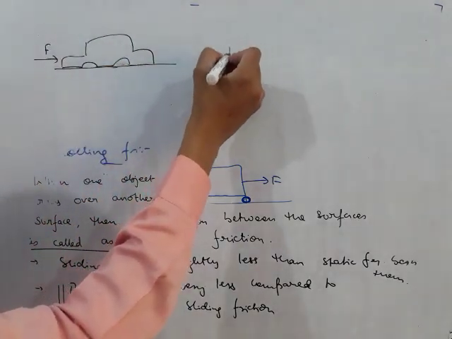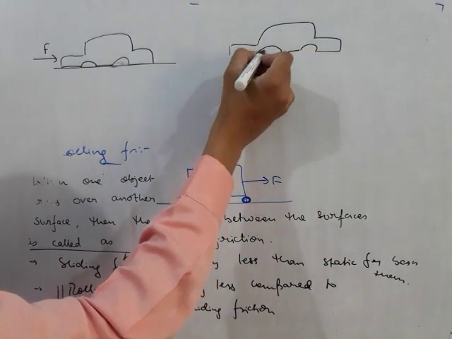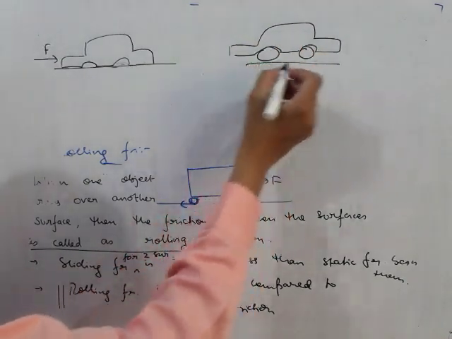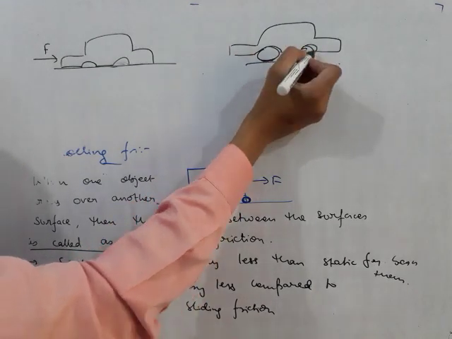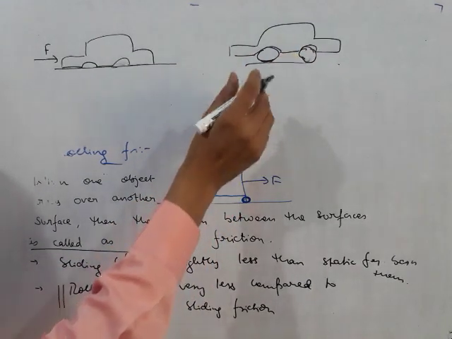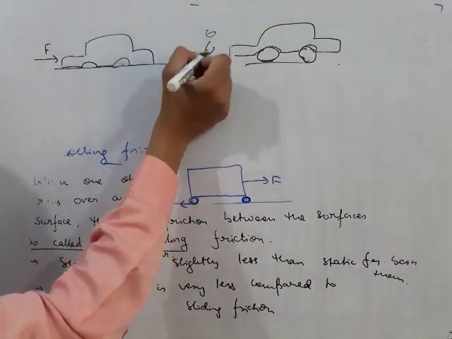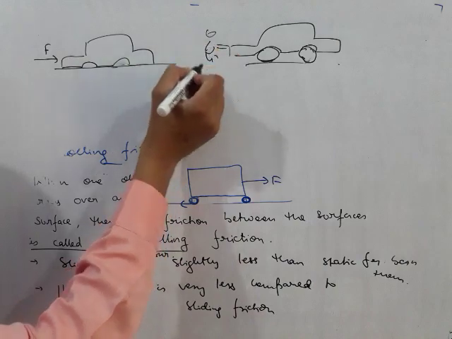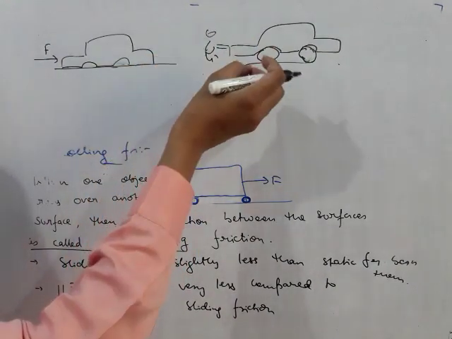But if you fit it with wheels, then the rolling friction between the wheels and the road is quite less. You might have seen sometimes when the engine stops working, persons go out and push the car. Imagine this car is very heavy. Its mass is quite large.